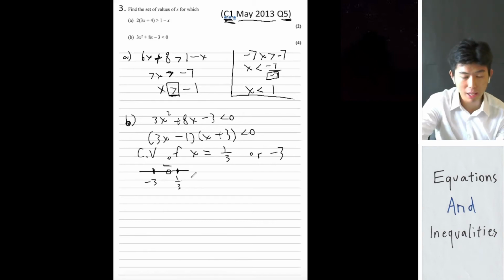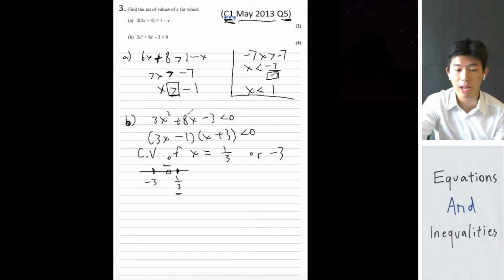And if I put in any number that is greater than 1/3, let's say 1, okay? If I put 1 into x, 1 squared is 1, times 3 is 3, plus 8 times 1 is 8, and 3 plus 8 is 11. 11 minus 3 equals 8. So 8 is a positive number, right? So I will put a positive sign here.